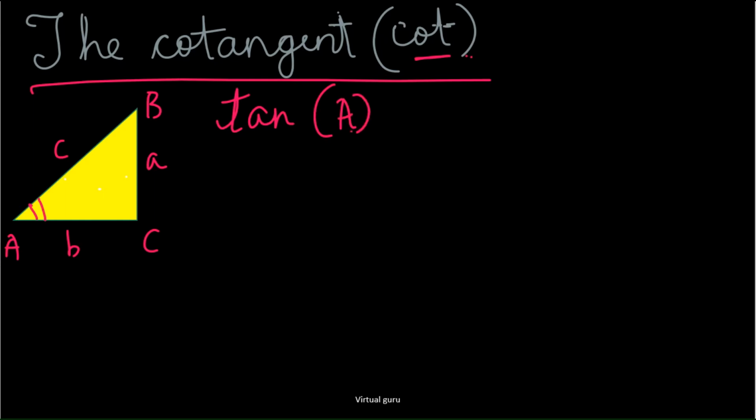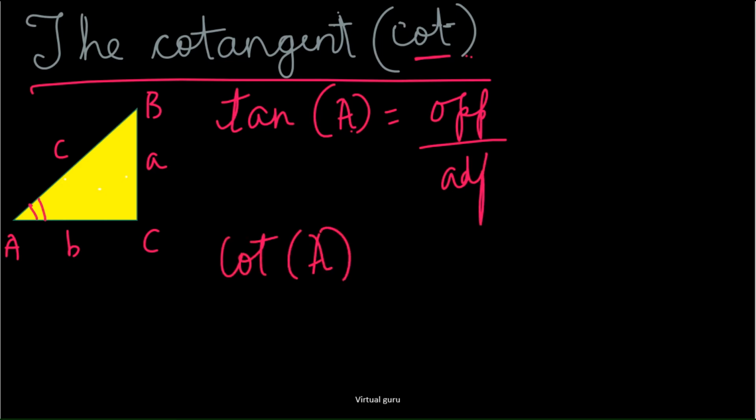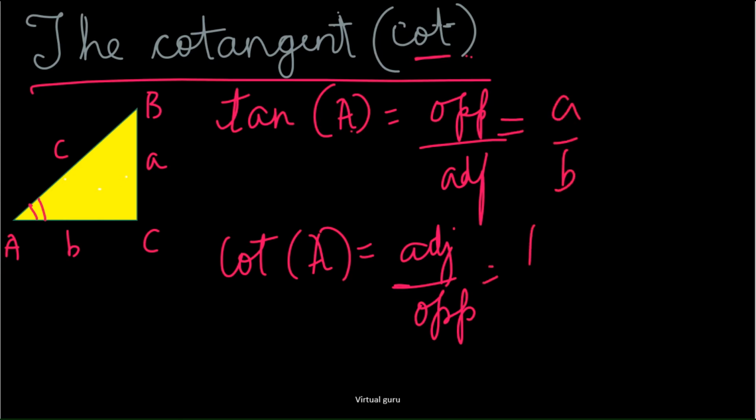So tan A is equal to opposite by adjacent. So what will be our cot, that is cotangent of A? That will be adjacent to opposite. So this was A by B. So adjacent to opposite will be B by A.